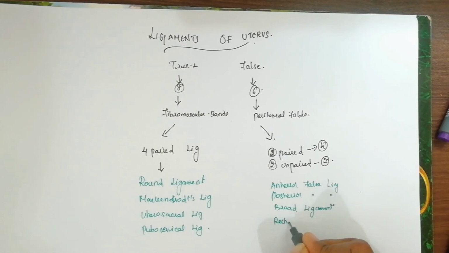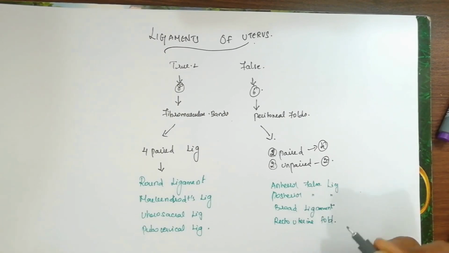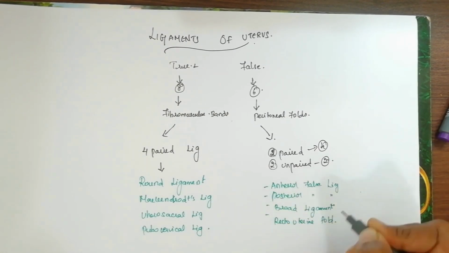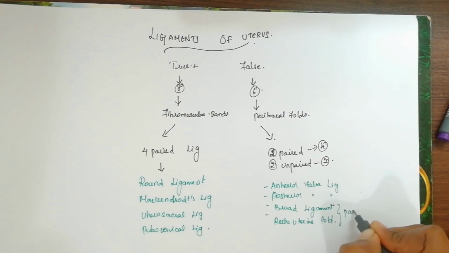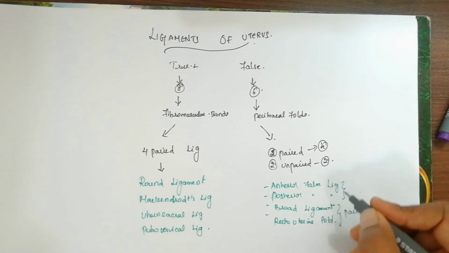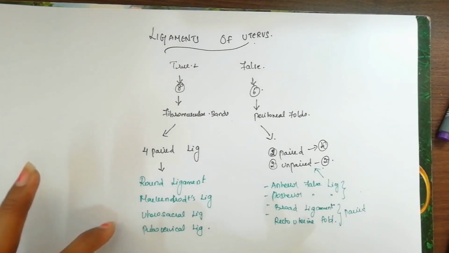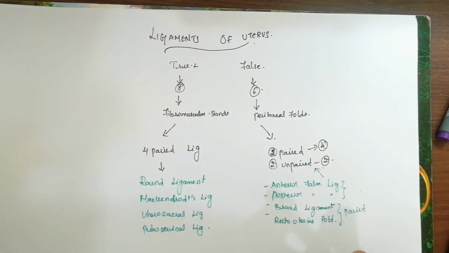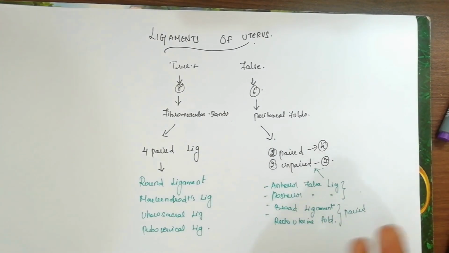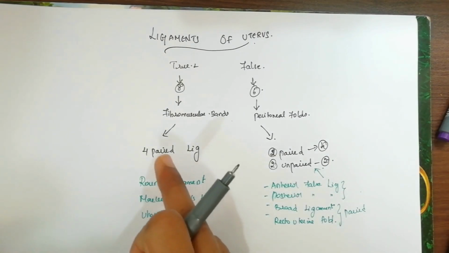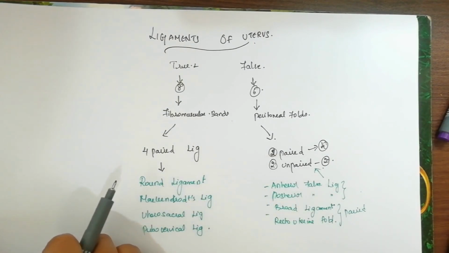So that is the recto-uterine fold. So these two are paired. These two are unpaired. So this is how the ligaments of the uterus are placed. So 4 paired true ligaments, and then these unpaired ligaments, 2 in number, and 2 paired ligaments in false ligaments. Now we will deal with all these ligaments separately and in a detailed account.